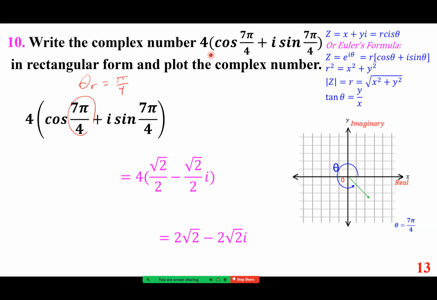That's the concept. So along this line, 4 tick marks, or along this one, 2 square root of 2, down 2 square root of 2. Either way is fine. That's the point we are interested in finding.